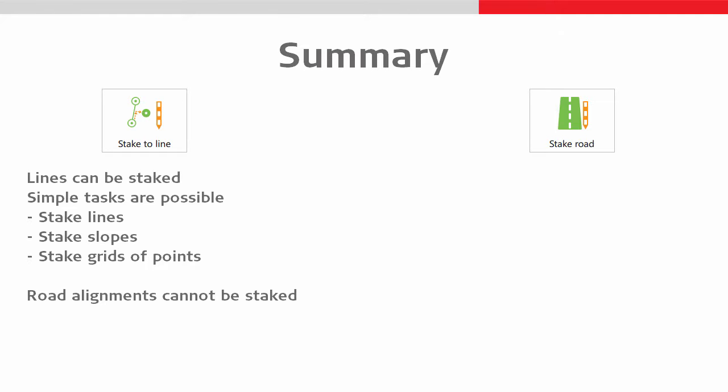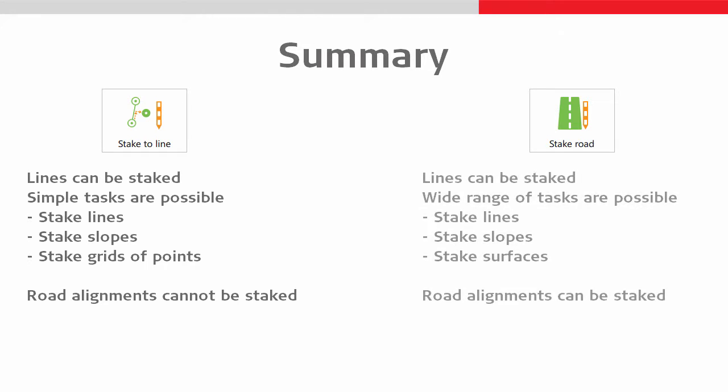Stake locations relative to the line, stake slopes, and stake grids of points based on the line. Alignments from road jobs cannot be staked with this app. The Stake Road app allows both lines and alignments from a road job to be used. A wide range of tasks are supported, including the staking of lines, slopes, and surfaces, and there are numerous settings and tools available within the app.